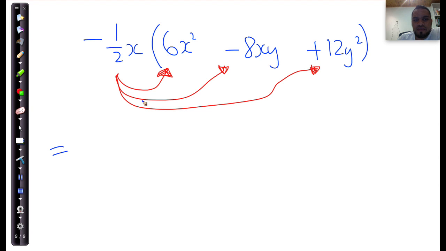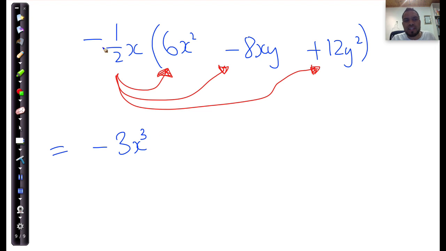Negative times positive, negative. A half multiplied by 6. Multiplying by a half is equivalent to dividing by 2. So when I say 6 multiplied by a half, I'm saying essentially 6 divided by 2. So 6 times a half is going to be 3, and x multiplied by x squared is x to the power of 3.